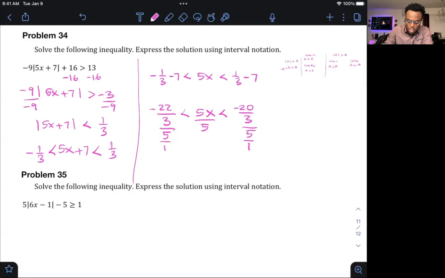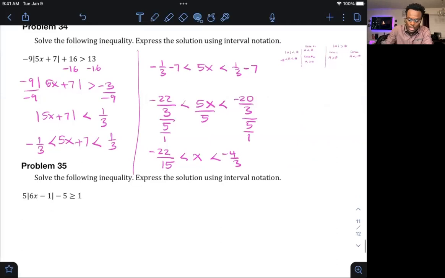So that's negative 22 over 15 less than x less than negative 20 over 3 times 1/5, and then simplify by 5, that's negative 4 over 3. So negative 4/3, that's the answer.